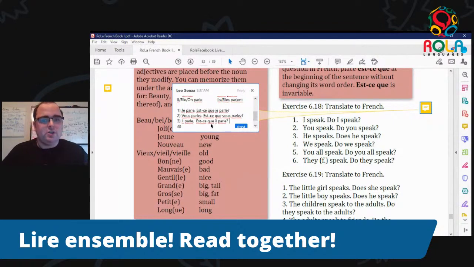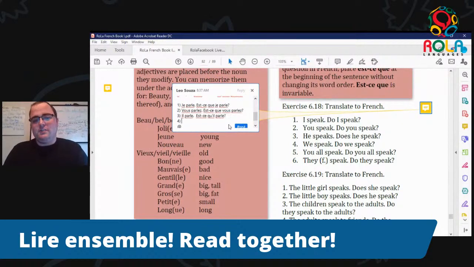It's very harsh. So what we do is you apostrophize que, and then it's qu'il. Doesn't that sound nicer? Est-ce qu'il parle? Est-ce qu'il parle? Oui, très bien. 4. That's just a little rule that the French do.